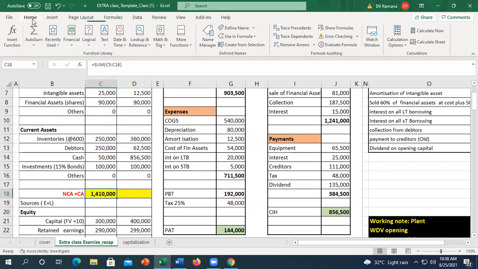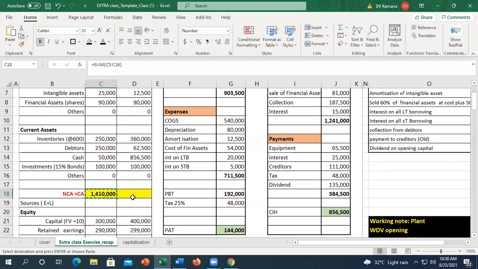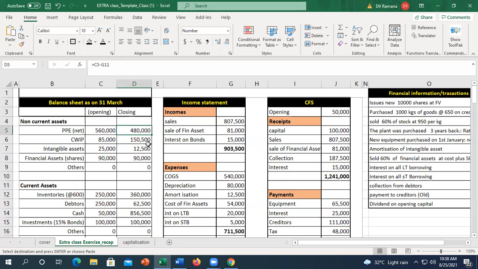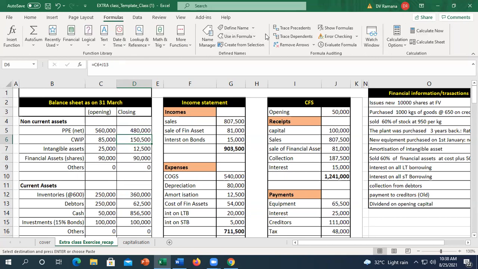So therefore, the total of the current assets plus non-current assets, okay? Property, plant, equipment, 480, capital work in progress, 150,000. We have seen that, okay. Then intangible assets is a decrease because of the amortization.